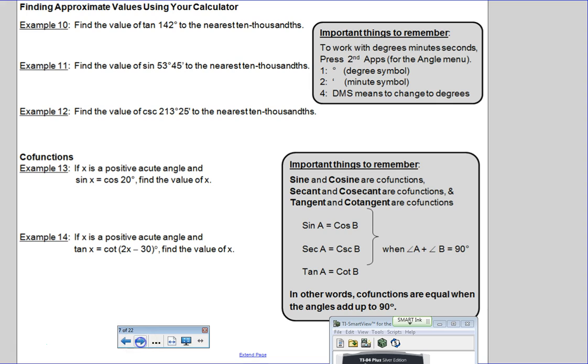All right, last page. 10, 11, and 12 are just find the values of them, but notice they didn't say exact values because you could not find the exact values of these. We're going to round all of these to the nearest 10,000ths, so that's okay to just key enter them. The only thing is, how do you key enter them?